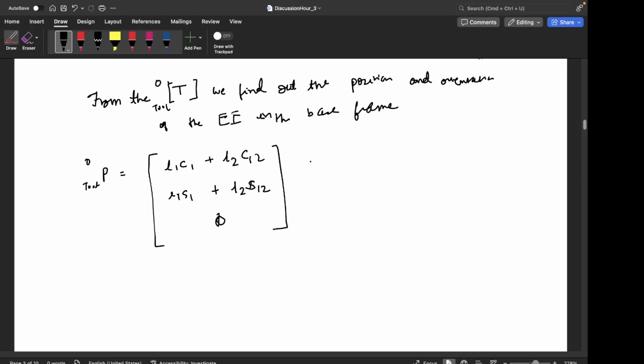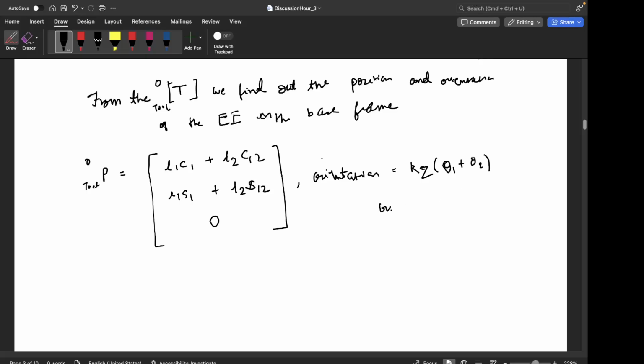Right, and the orientation is the rotation matrix, which corresponds to a rotation of theta 1 plus theta 2 about the z axis.